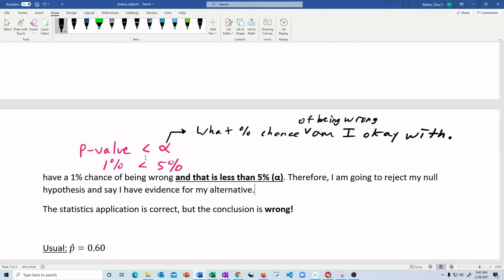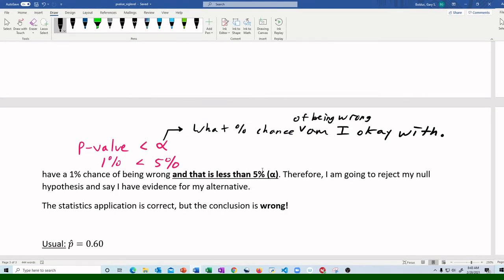I might need to change that. I might need to change the cutoff, maybe 1%, maybe even smaller than that. So that's something you're going to have to think about, and it is different in different fields. So 5% is generally our kind of go-to cutoff. But that's something you have to think about.